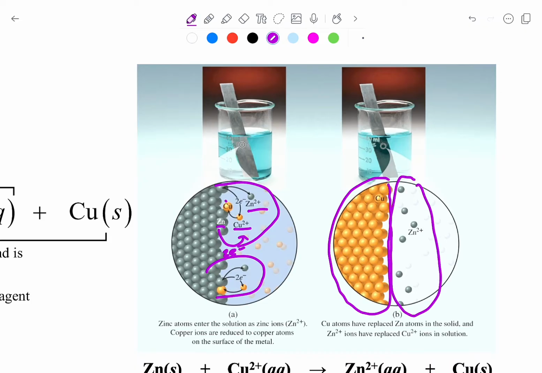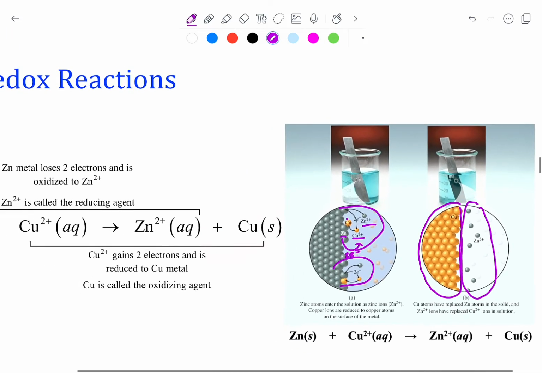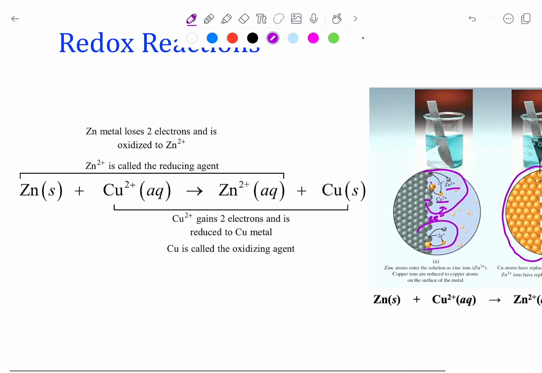So they literally changed places. So through the exchange of electrons, we went from zinc solid to zinc ions that are aqueous in solution. And in turn, the copper ions that were in solution became copper solid. So they changed phase. And the only way they can do that is if they transferred electrons.